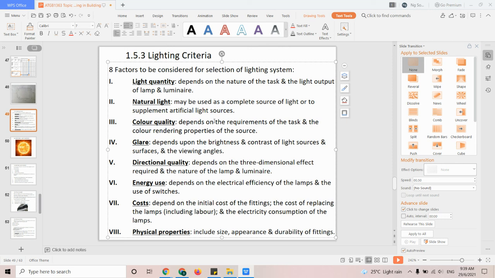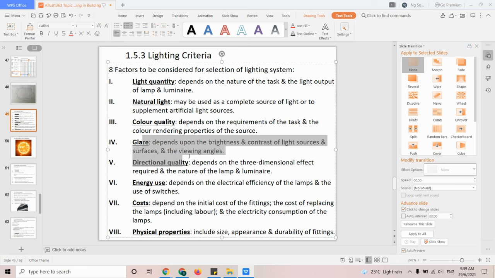After a period of time, let's say 1 to 2 years, you need to replace your light. So this costs money. That's why whenever possible, for private properties like our house, you always want to make use of as much natural lighting as possible.